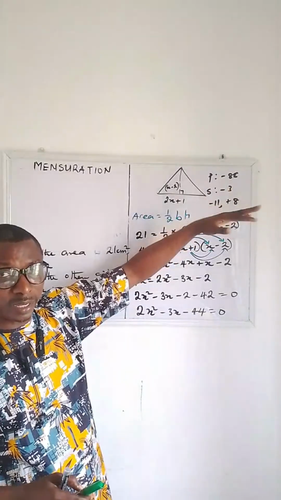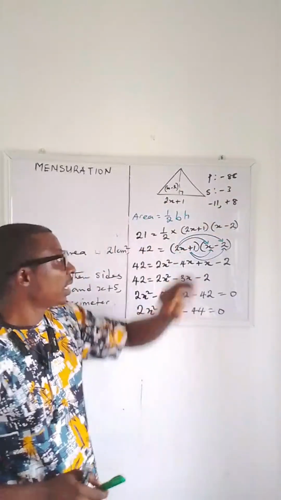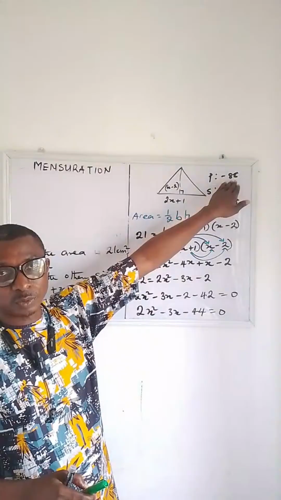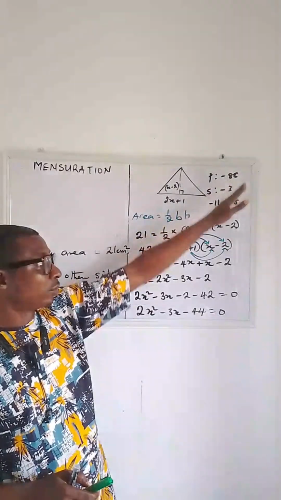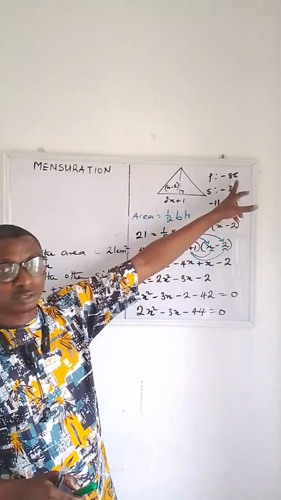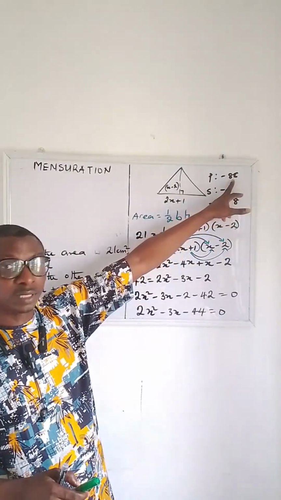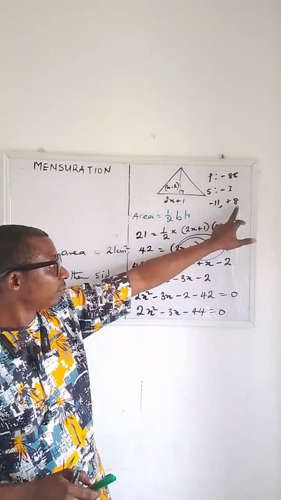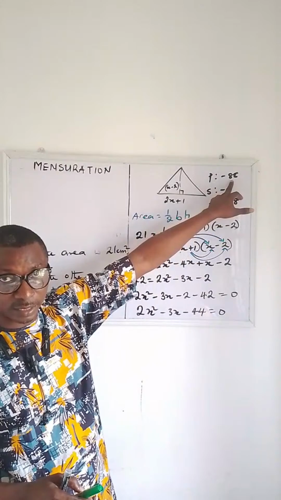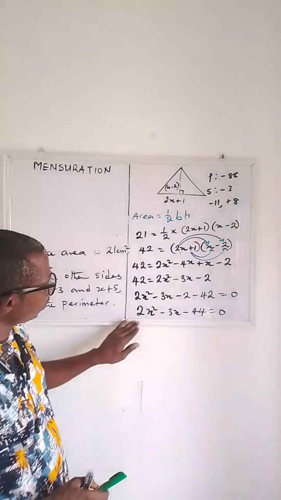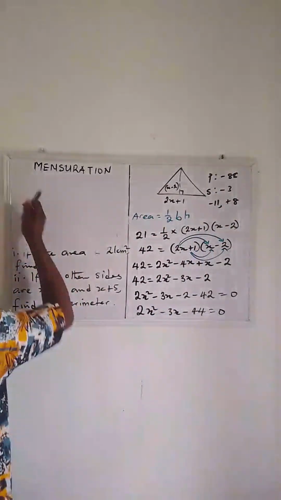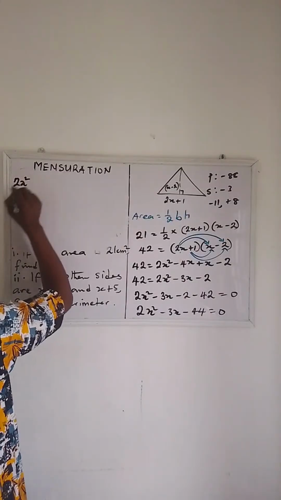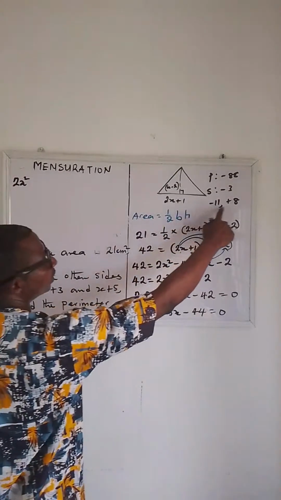Don't forget, anytime I want to get the two numbers, I begin to think of factors of the product. You can see negative 11 is a factor of negative 88. 8 is also a factor of negative 88. So now this equation turns to 2x squared, and we incorporate these two numbers.